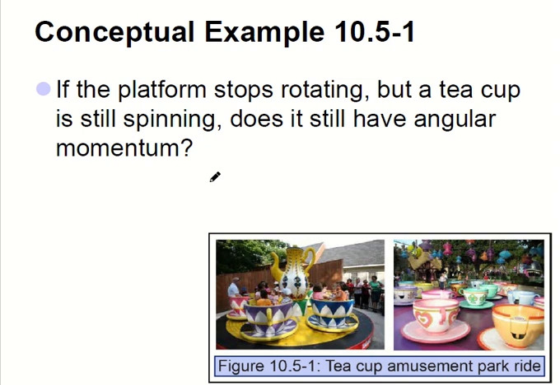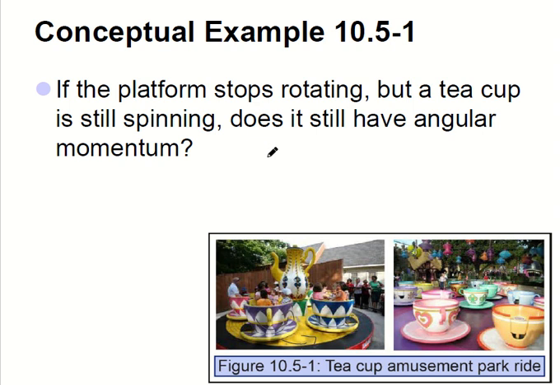So if the platform stops rotating, but the teacups are still spinning, does it have angular momentum? What's going on here, the motion is this guy is rotating and that guy is spinning, like your solar system. We're all orbiting around the sun at the same time, and Earth is spinning on its own as well, like that.